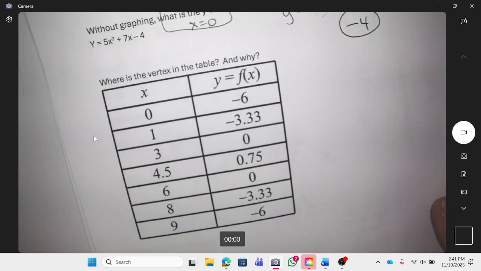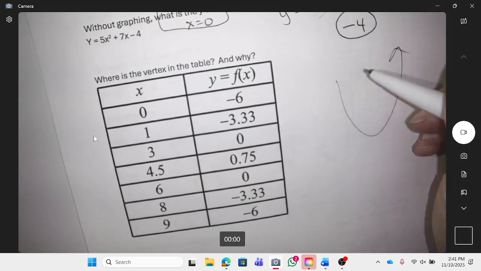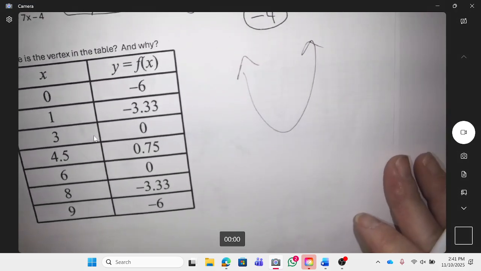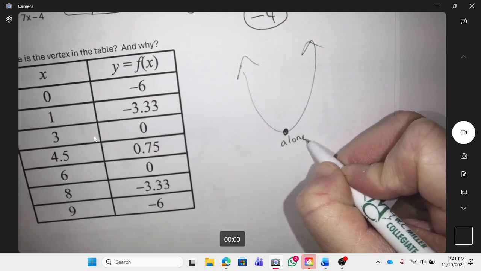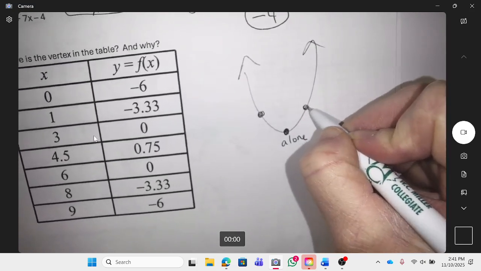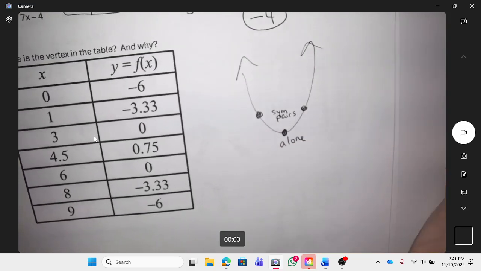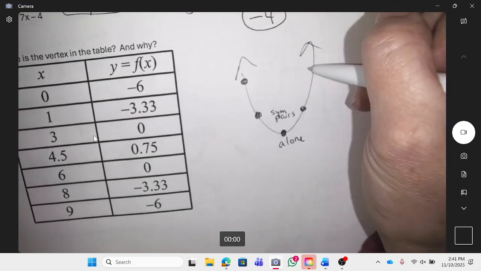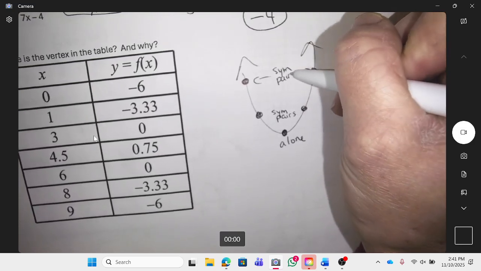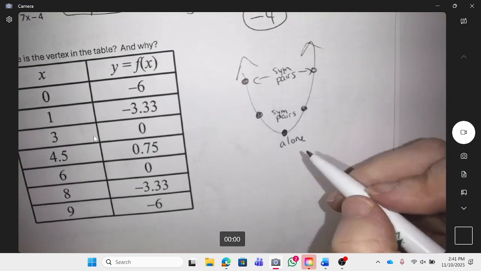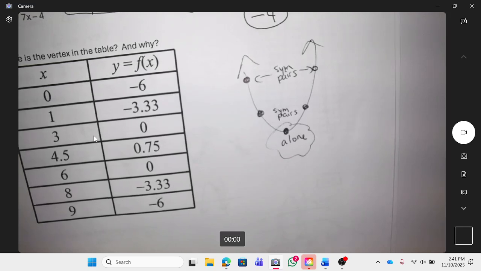And the last of this says, where's the vertex and y? So whenever you're doing any parabola, do you understand the vertex is alone? These will be symmetric pairs, right? These will be symmetric pairs. There's a bunch of symmetric pairs, except for the poor vertex, right? It's all alone. It will never have a partner.